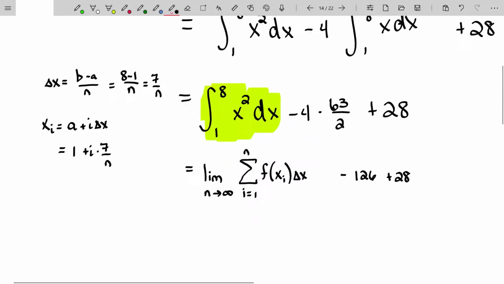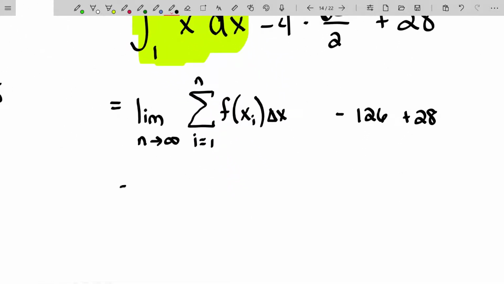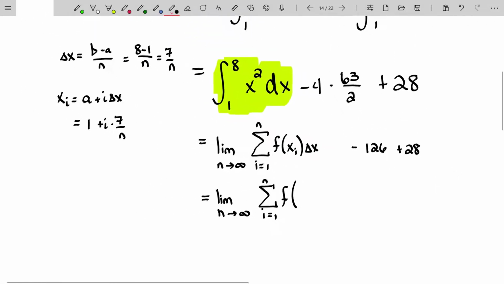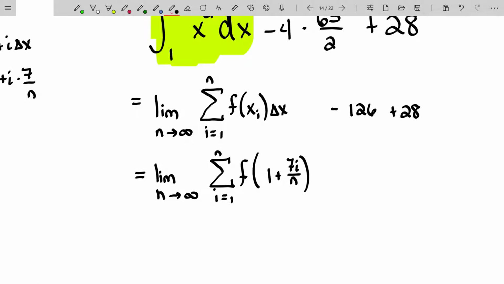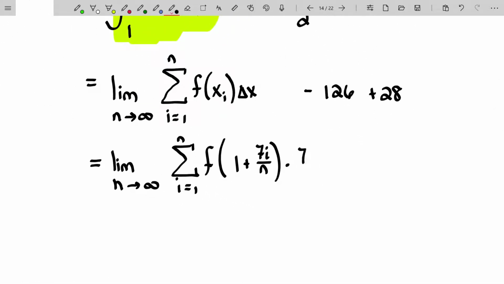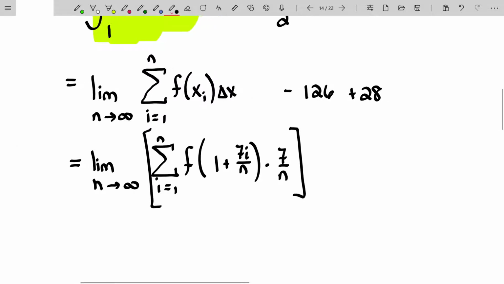So let me go ahead and replace that in that summation. That's the limit as n goes to infinity of the summation i equals 1 to n of f evaluated at x sub i, which is 1 plus 7i over n, times delta x, which again was 7 over n. This is all within this limit, so I'll just box that up.